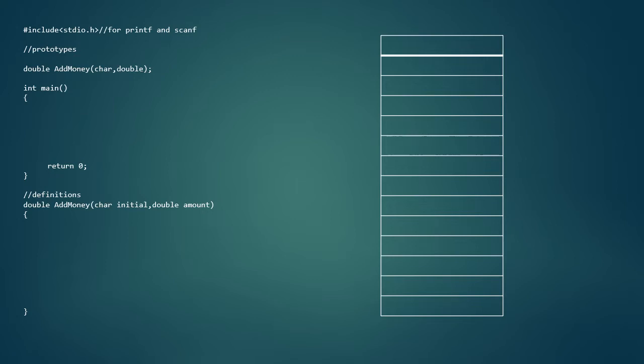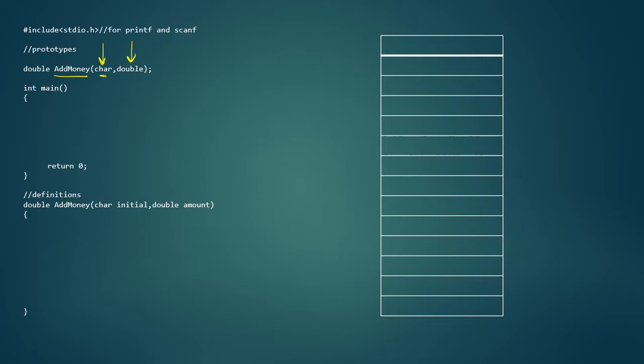So what happens in this program is you have this function called add money. If this was your code, you certainly should have very good comments that describe what this function does, but I'm just going to tell you what it does. This function has two formal parameters. The first one is a character, the second one is a double. This function will interact with the user by the character initial.